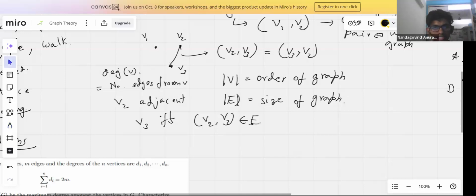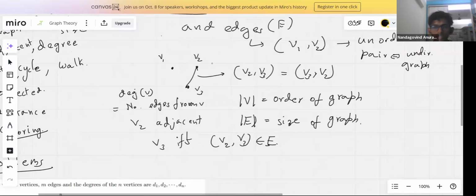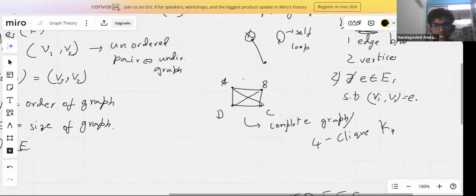Does this also make sense? Can you repeat this? Oh yeah, sure. I should probably not do it here. Let's go back to the rectangle graph. The degree of a vertex is equal to the number of edges.